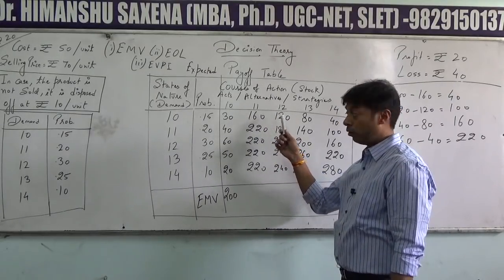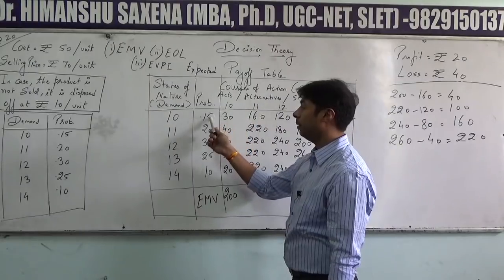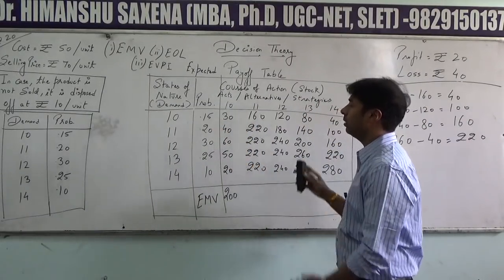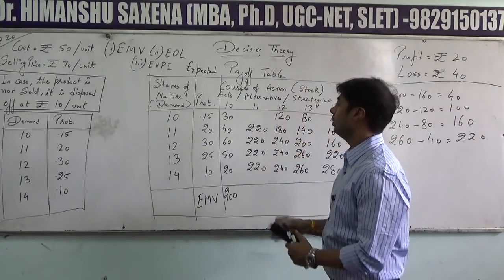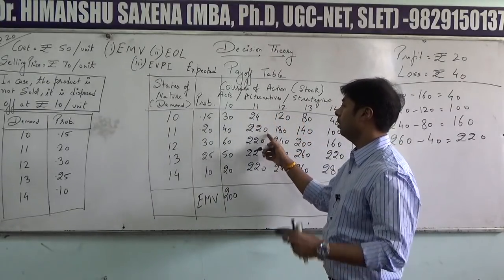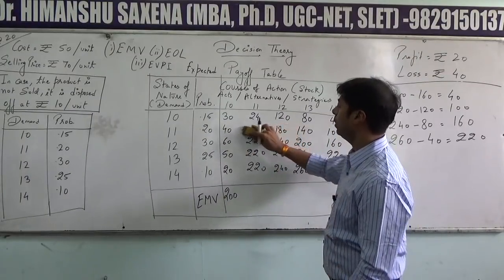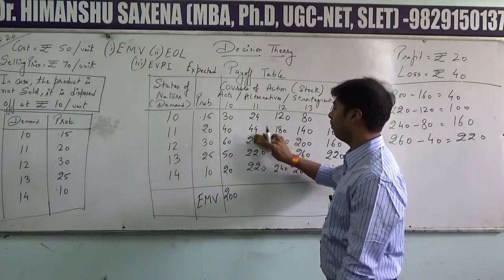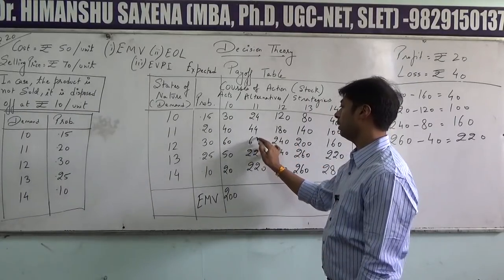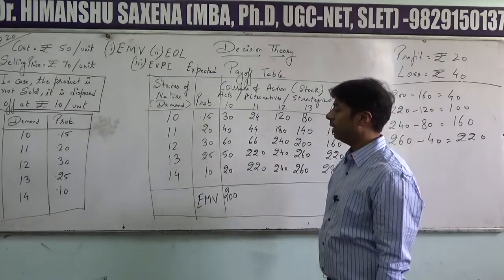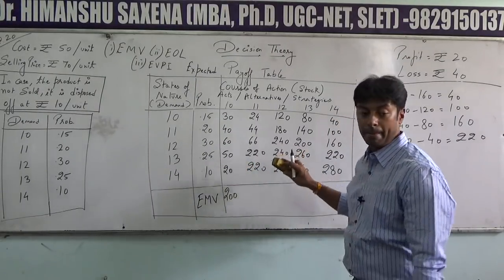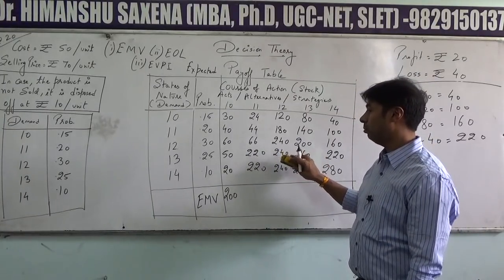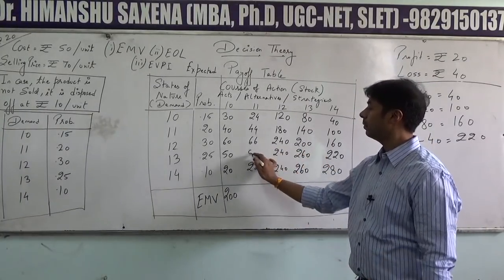Similarly, you will have to follow the same process. 160 will be multiplied by 0.15, that will give you 24. 220 multiplied by 0.20 will be equal to 44. 220 multiplied by 0.3 will be 66. 220 multiplied by 0.25 will be equal to 55.